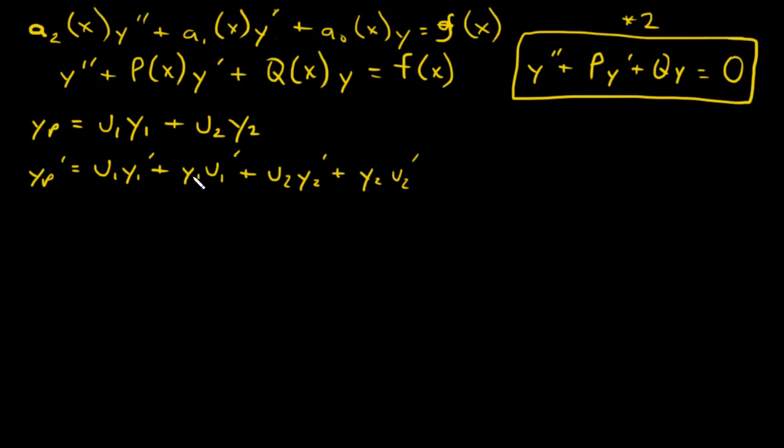And to make it easier to keep track of, I'm going to change the order to where the u always comes first in the next step. Okay? So that means y sub p double prime is going to equal u1 y1 double prime plus u1 prime y. You know what? I don't do that.